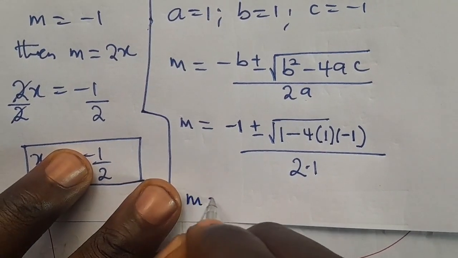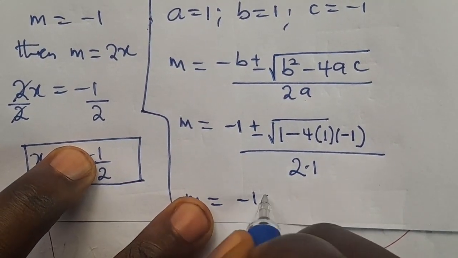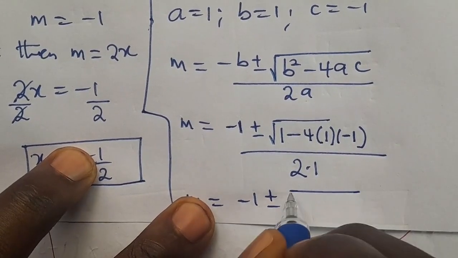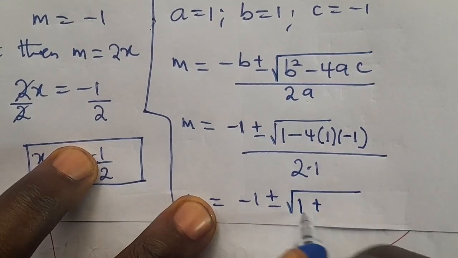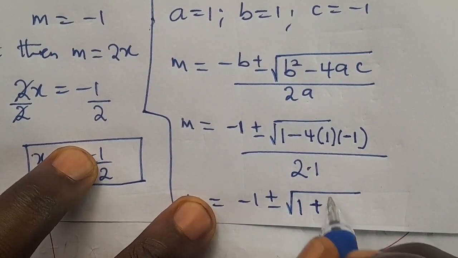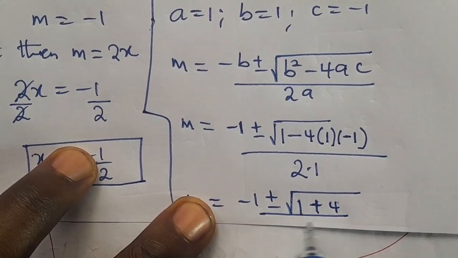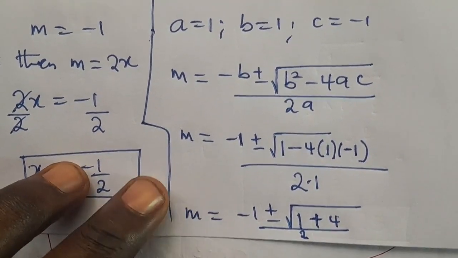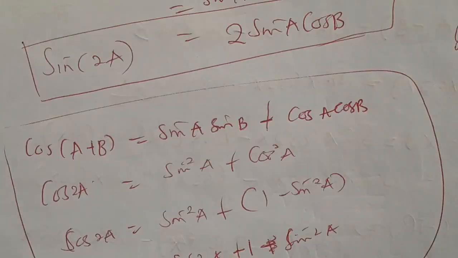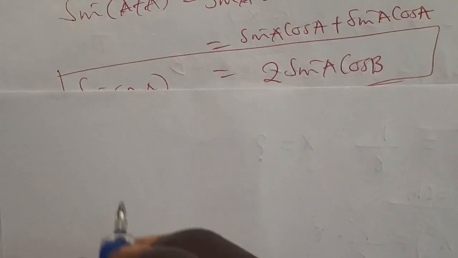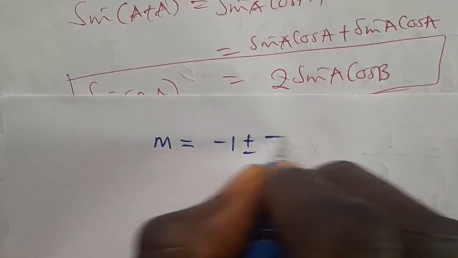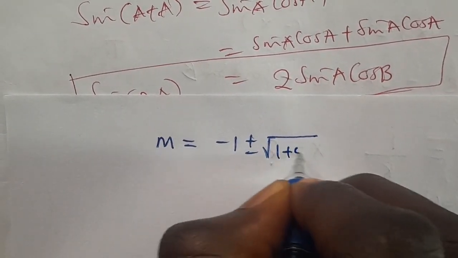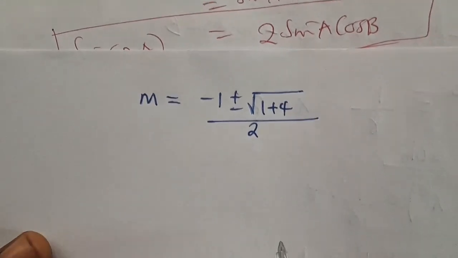So therefore we have m equals minus 1, positive or negative, square root of, minus times minus will be plus, 1 plus 4, all divided by 2. So from here we have m equals minus 1, positive or negative, square root of 1 plus 4, all divided by 2.